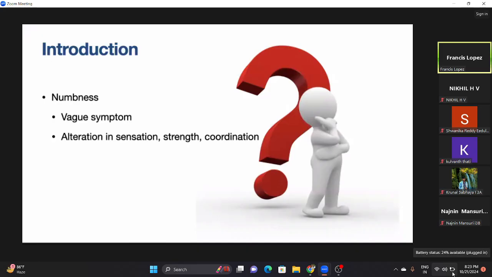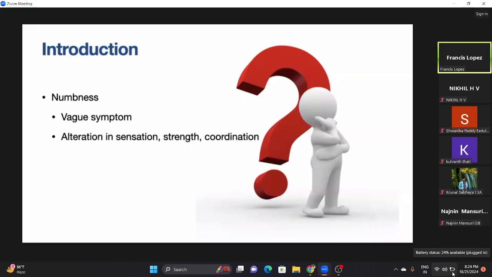Or numbness can also be used to describe an alteration in coordination. This can also be misleading. The patient may complain of numbness, when in fact he should be saying that his arms feel clumsy.